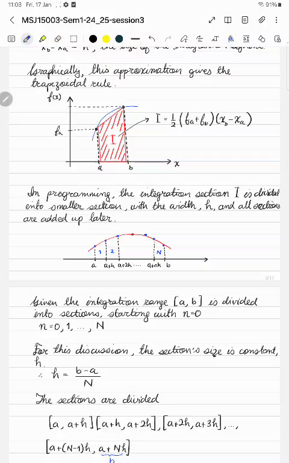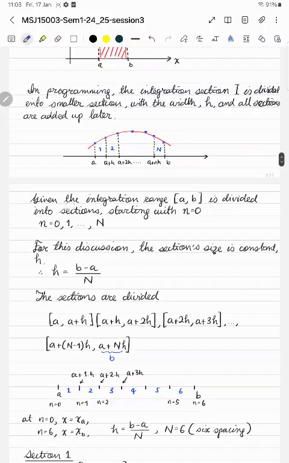And then in each section you have the numbering. Depending on what kind of programming language you'll be using, you can start with either n equals 0 or n equals 1. Fortran starts from 1. MATLAB can start from 1 or 0.